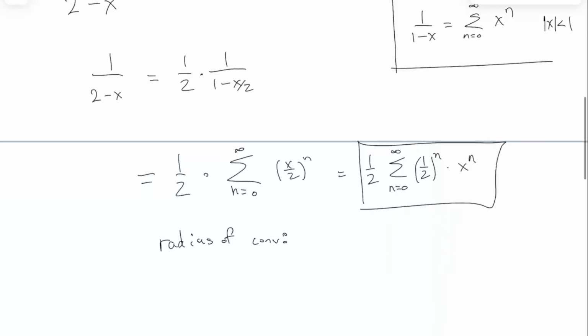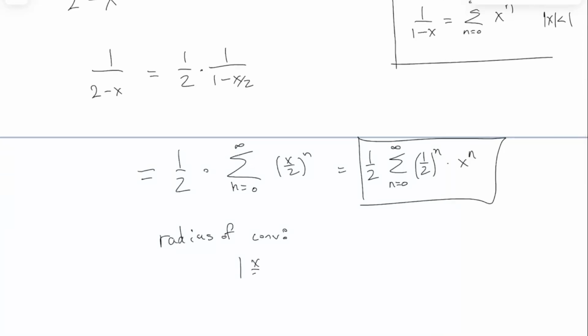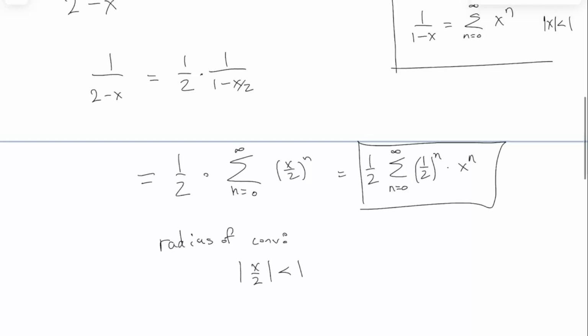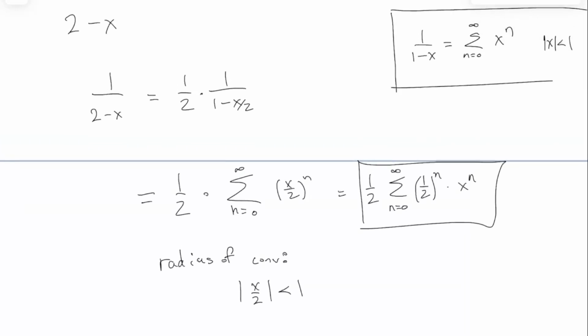So to find the radius of convergence, I say absolute value of x over 2 less than 1, because that's the part that I ended up plugging in for x. And then, as usual, you solve for x by multiplying the constant over. It says absolute value of x less than 2, so the radius of convergence is 2.